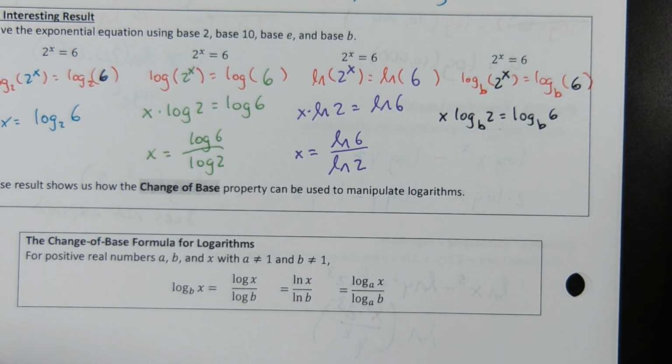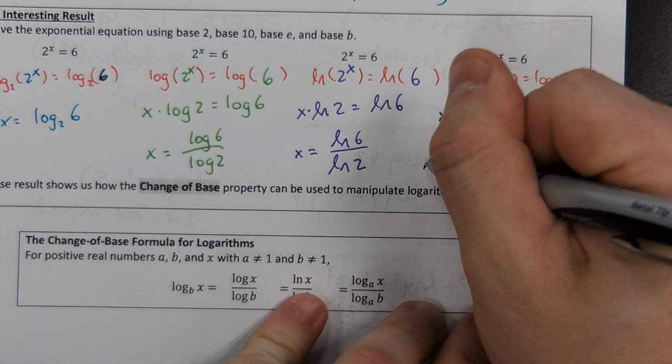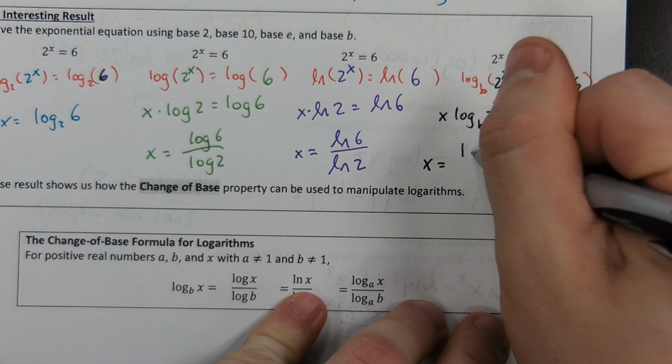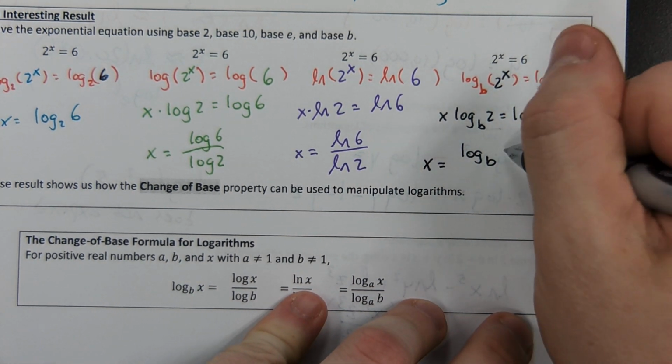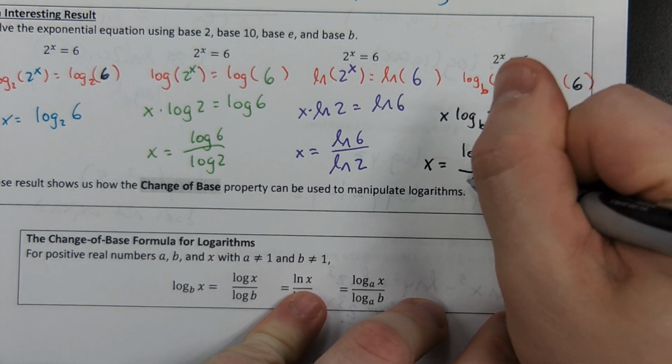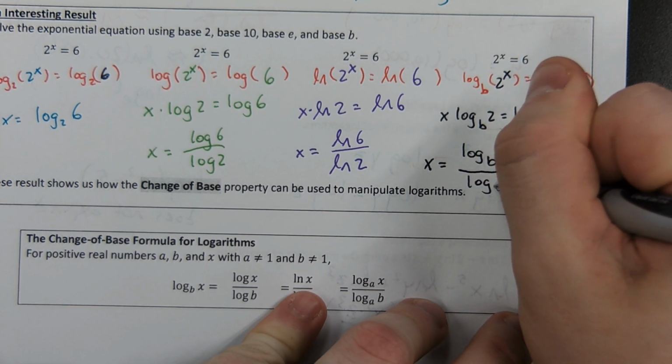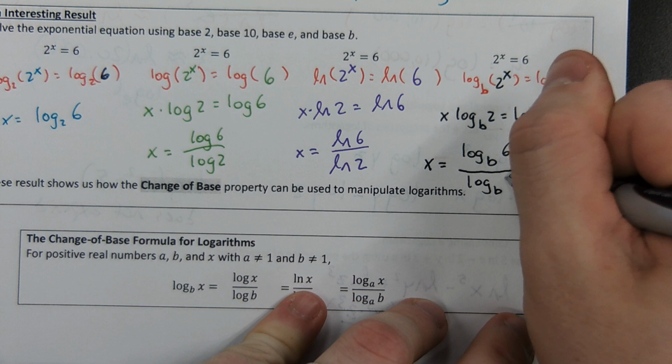Log base b of 2 would be a number if you knew what the base was, which means you could divide both sides by that number and isolate your x to give you log base, whatever base you want, of 6 divided by log base, whatever base you wanted, of 2.